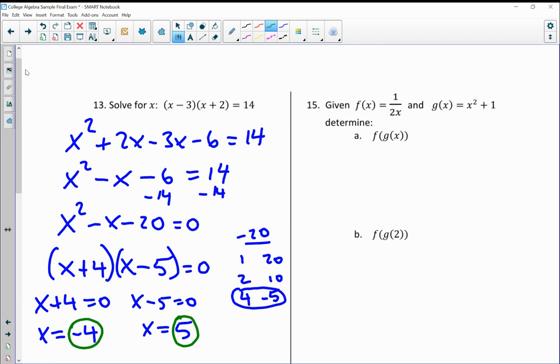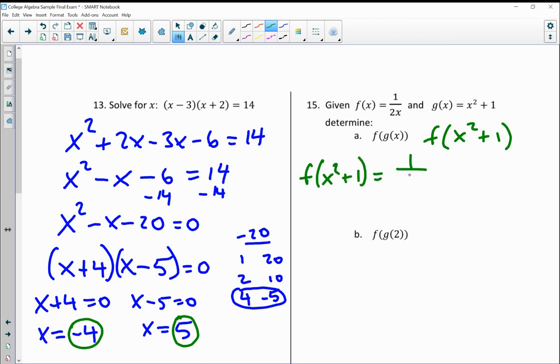F of g of x. So that means we're going to take the g of x and plug it into the f of x. Right? So basically doing this. F of x squared plus 1. So we have the f of x, which is 1 over 2x.